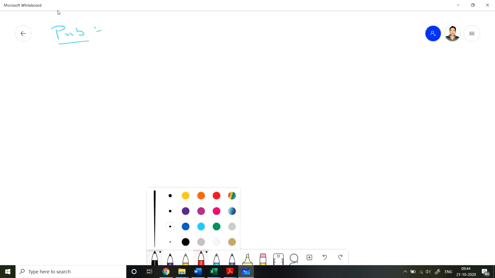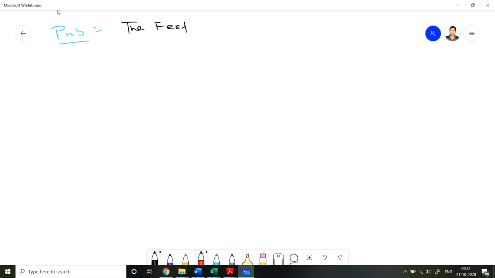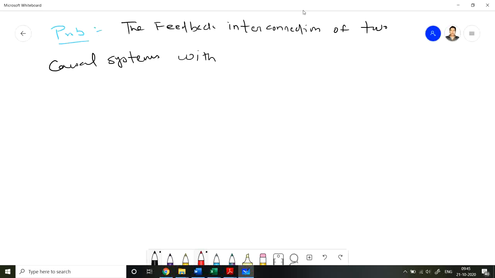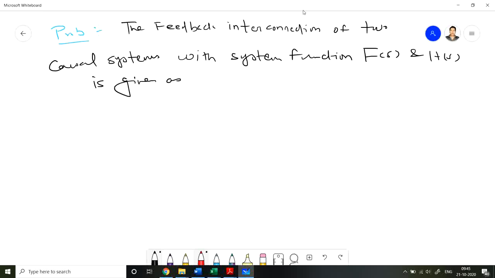So the problem is the feedback interconnection of two causal systems with system functions F(s) and G(s). The input is x(t) going into a summer.